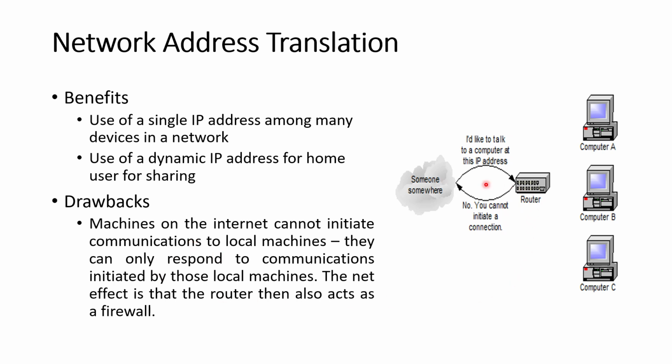While NAT helps protect the local network by hiding its internal IP addresses, it also makes the router act as a firewall. This can block reasonable incoming traffic and may require extra setup for certain services to function correctly.